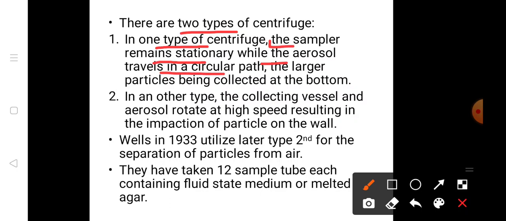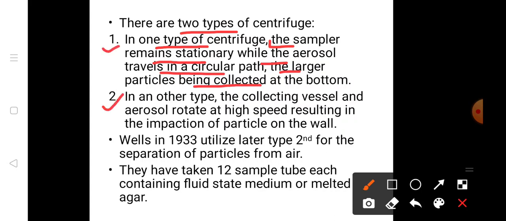The larger particles are collected at the bottom, due to gravitational forces and according to their mass and velocity, they collect at the bottom of the sampler. So this is the first type of centrifuge.